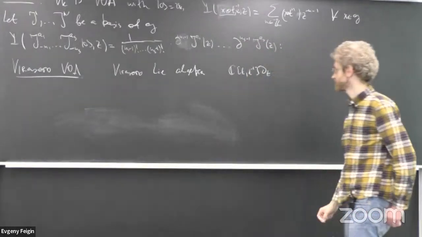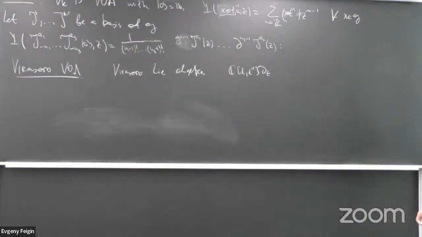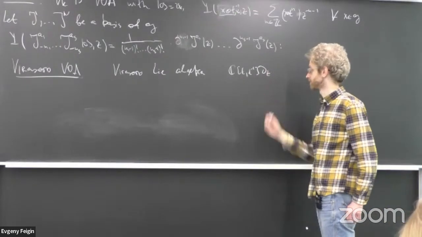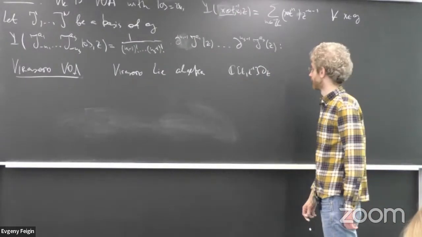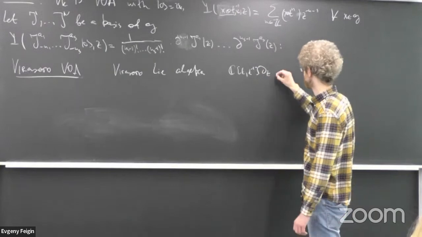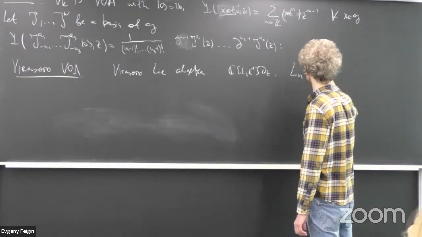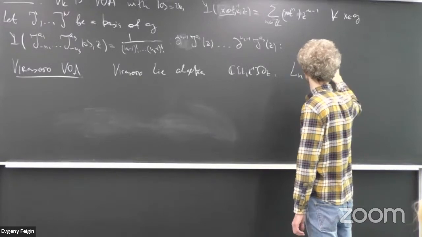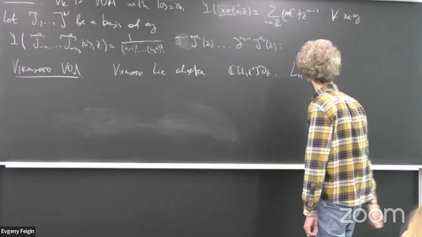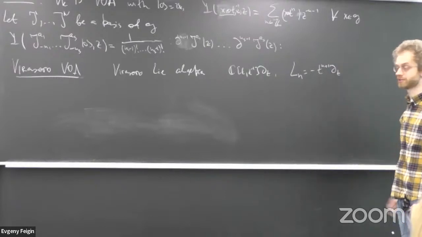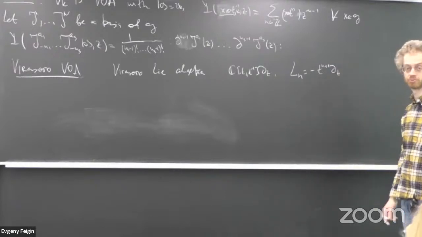These are derivations of the ring of Laurent polynomials in t, t inverse. And there is a basis here, Ln, which is minus t to the n plus 1 d/dt. The minus is for convenience, and this n plus 1 is to make the total degree equal to n.